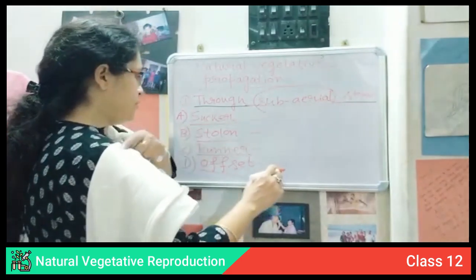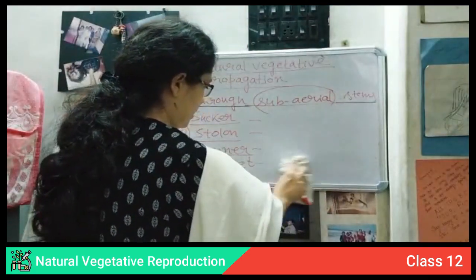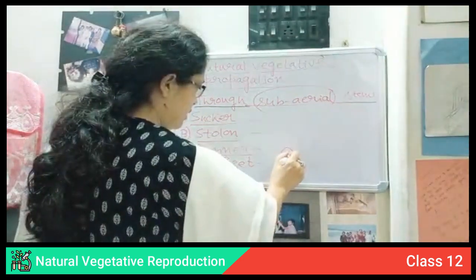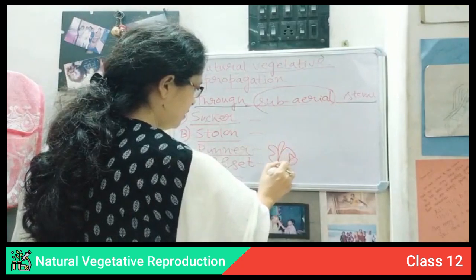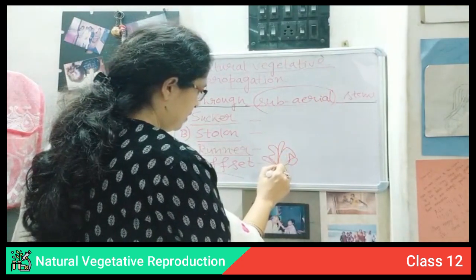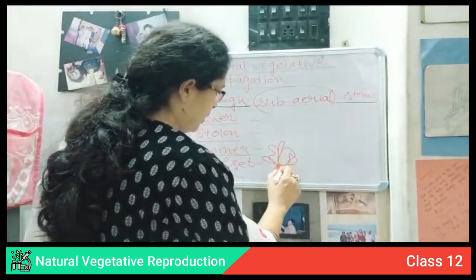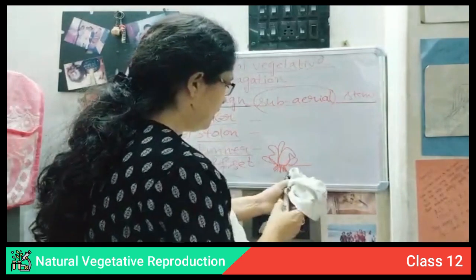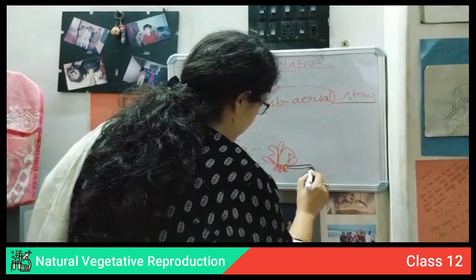Now what is offset? In offset you see a branch of leaves upwards and roots below, and this part is called offset.